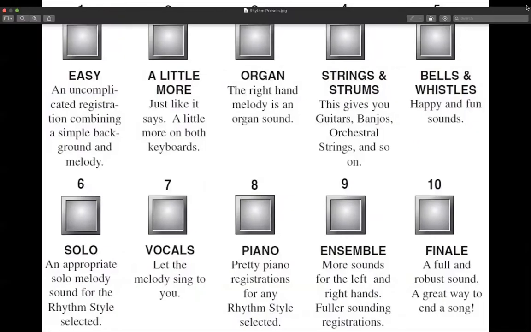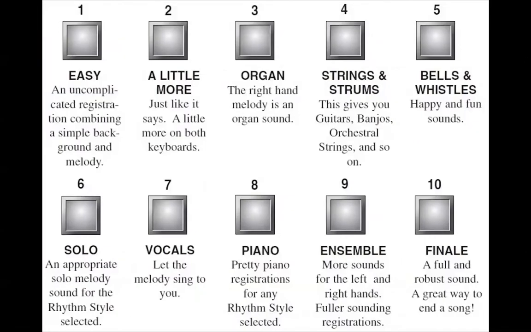Now, what I mean by that is if you have an instrument that has up to number 10, and unfortunately this only works with the instruments that have up to number 10. If you have numbers 1 through 5 or 1 through 8, some of these may be the same, but it's not guaranteed. If you have numbers 1 through 10, what you're going to notice is that there's this formula.